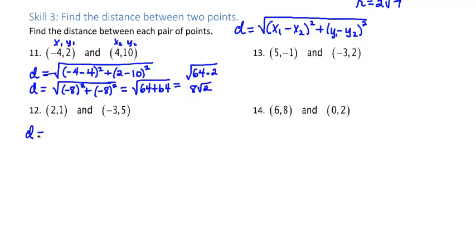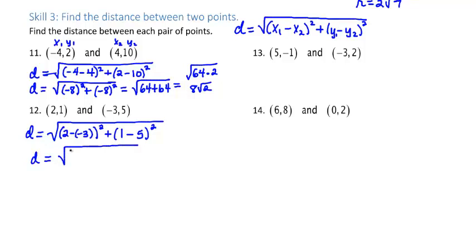The distance between the ordered pairs (2, 1) and (-3, 5) would be d equals the square root of (2 minus negative 3) quantity squared plus (1 minus 5) quantity squared.